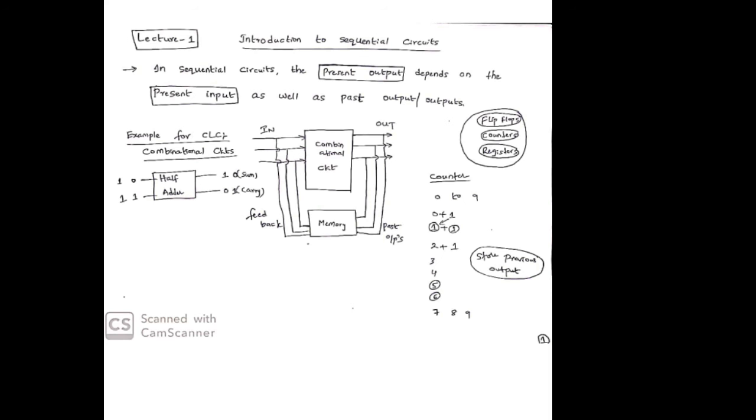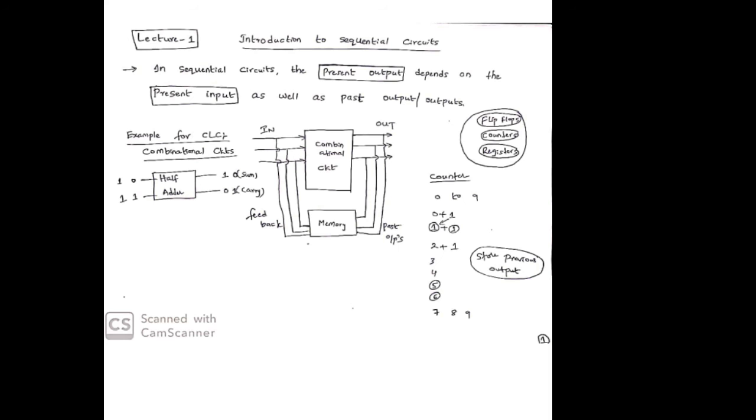You can observe the block diagram in the middle of the slide. In this block diagram it is totally combinational, but the only thing you have to see here is the memory block. What is the necessity of this memory block? The memory block is useful to store the past history of the output, because if I want to know the present state, we have to use the past state of the outputs also.